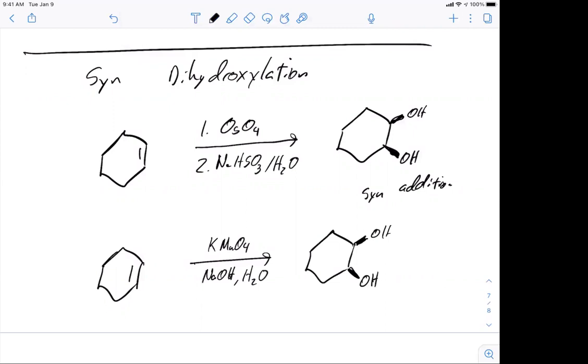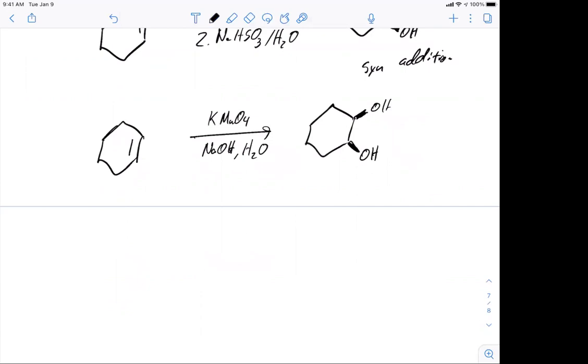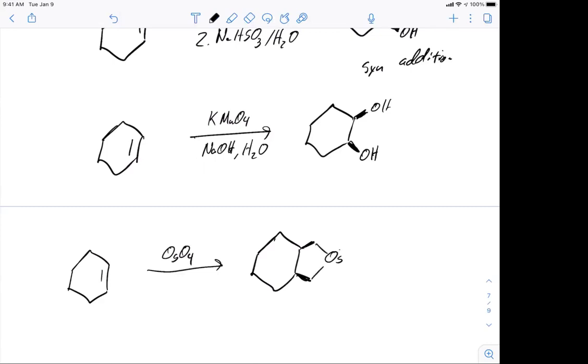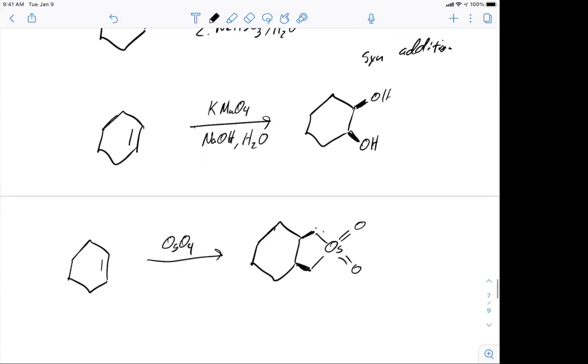The main way that these work is that, and both of these are very similar reagents, when we add the osmium tetroxide, we end up creating this species. If we do permanganate, we end up with something very similar.